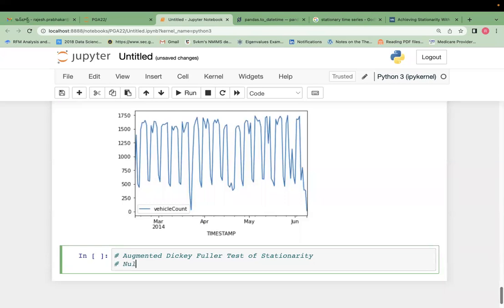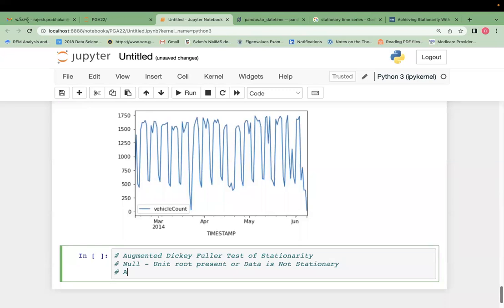The null hypothesis is unit root present, or data is not stationary. Alternate hypothesis is no unit root, or data is stationary.